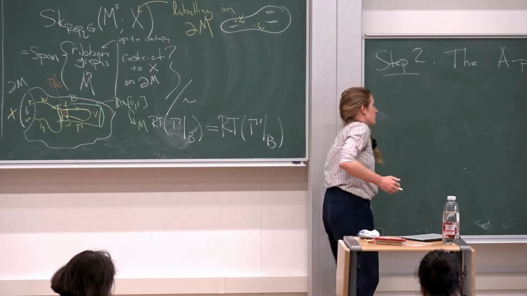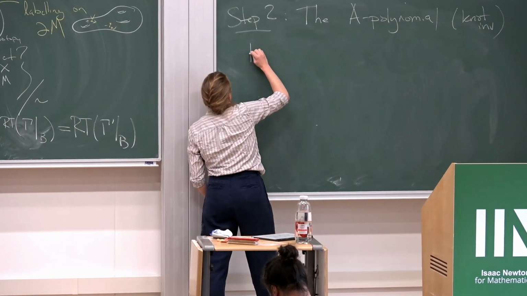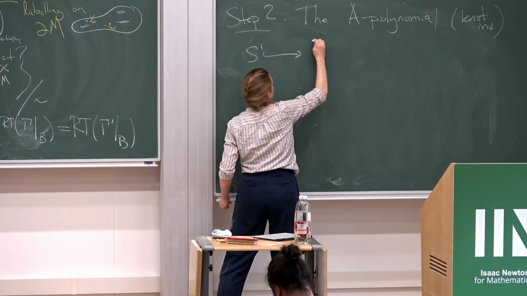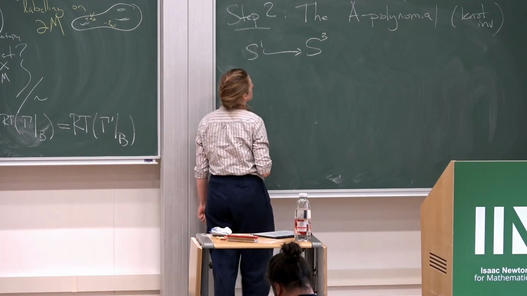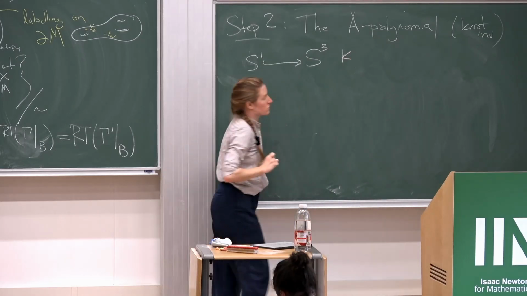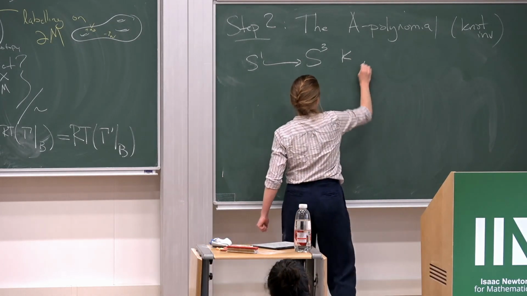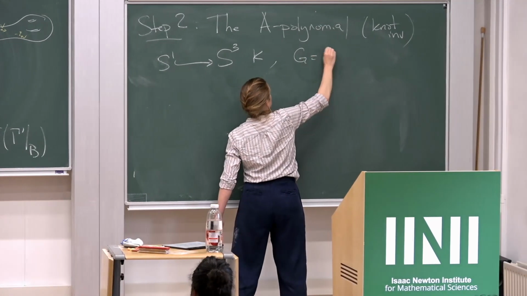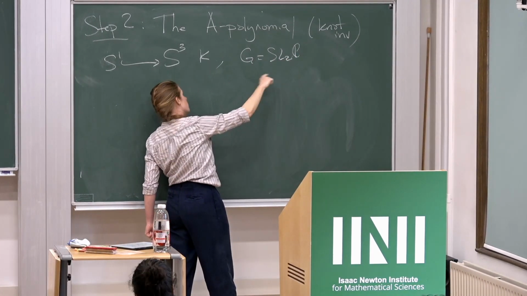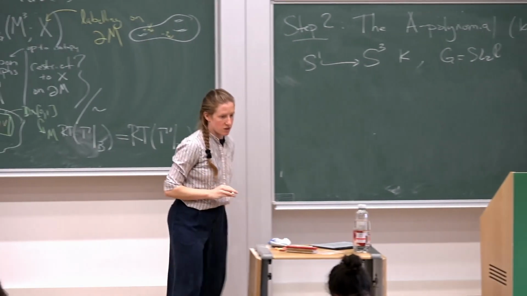Okay, so how is this thing made? Well, if I take S1 and I embed it in, say, S3, so I fix my knot, I'll call this K, just for this data. And also, to get the numbers and polynomials to work out and match the historical story, you should just think of SL2, although it does generalize.